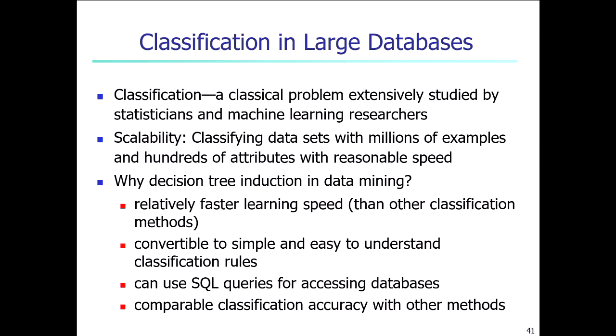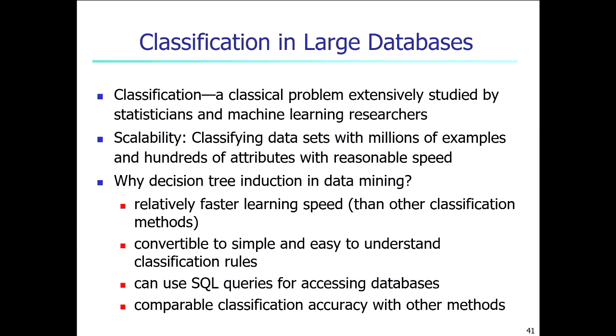So decision tree is relatively faster compared to other classification models. And it is simple and easy to understand, which is quite important for data mining, because some of the models are kind of hard to understand, for example, neural network. But for decision tree, you can easily extract the rules, and you can use the rules to write some SQL queries.